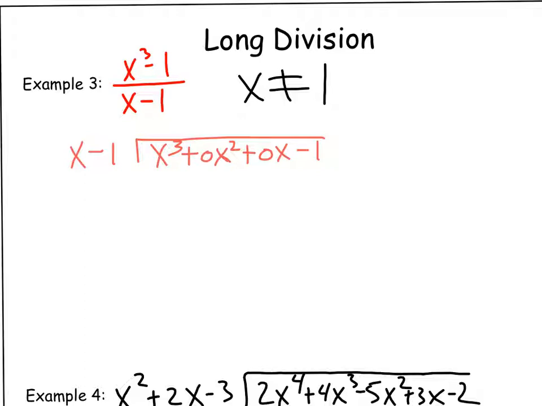Okay? Because I want to line up x squared, because that happens to be the first term that I'm going to choose, because I multiply it by x. And look at that. I get x cubed. Multiply it by negative 1.